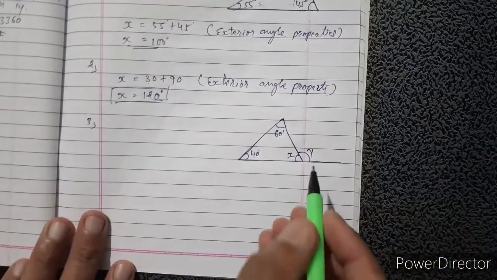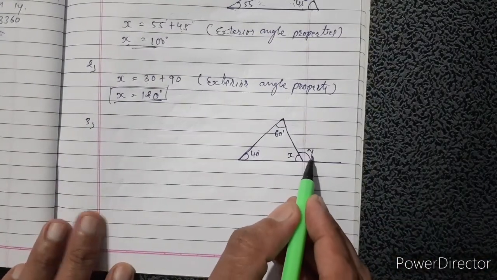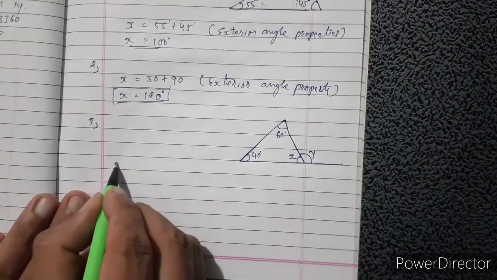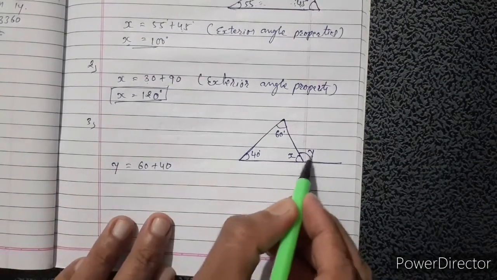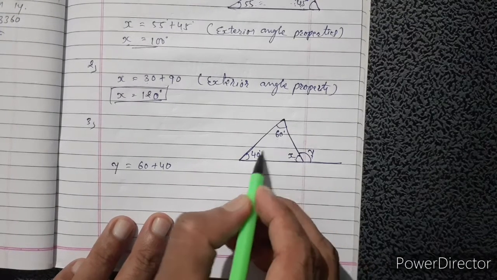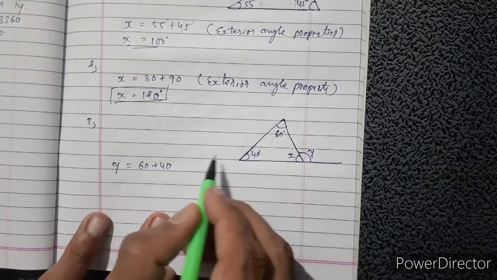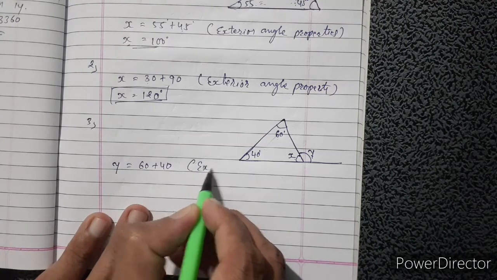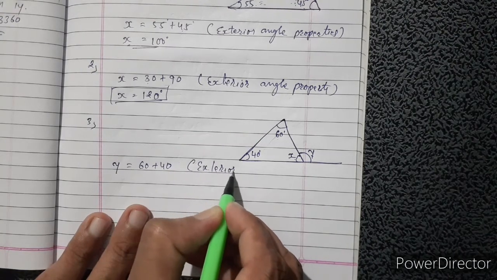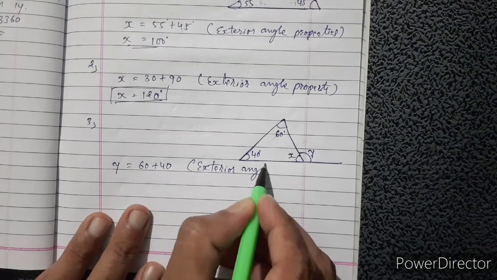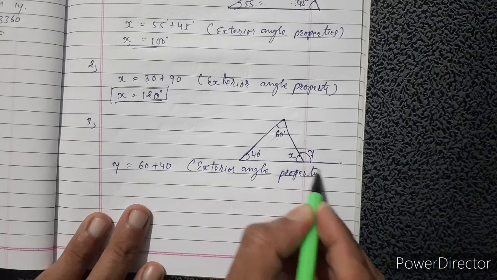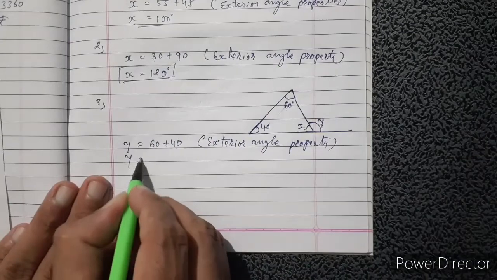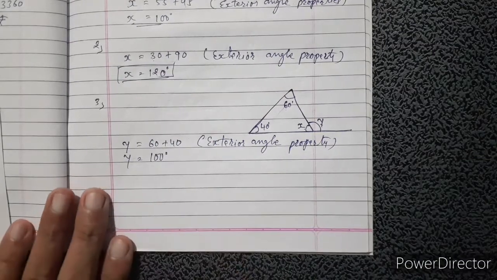First we find y. y equal to 60 plus 40, because y is an exterior angle, and for it these two angles are the interior opposite angles. So the exterior angle property. So y equal to 100 degrees.